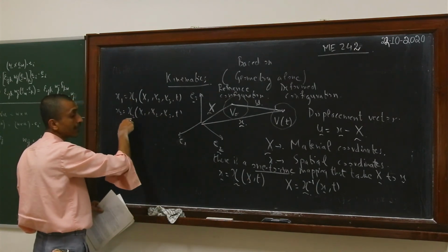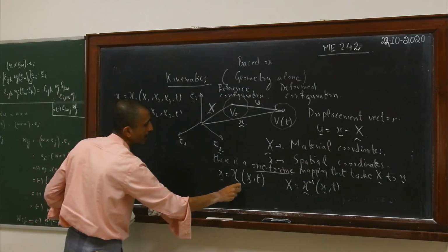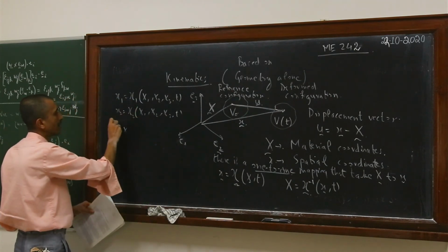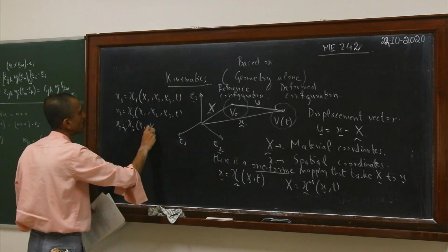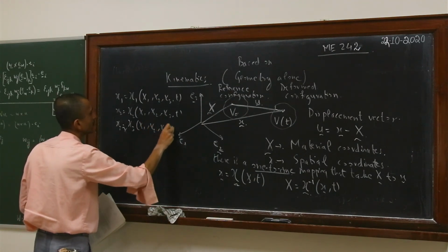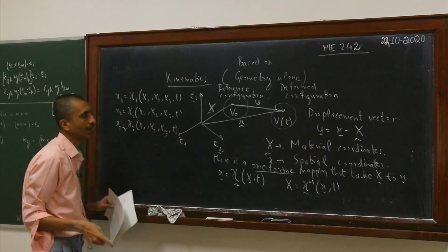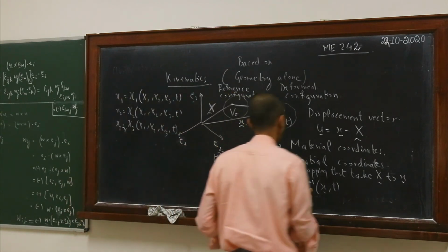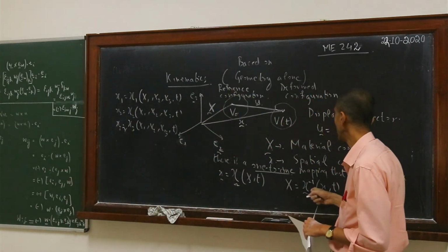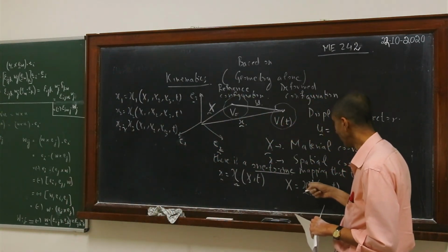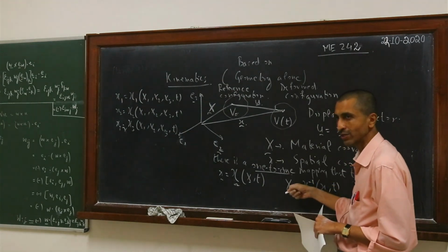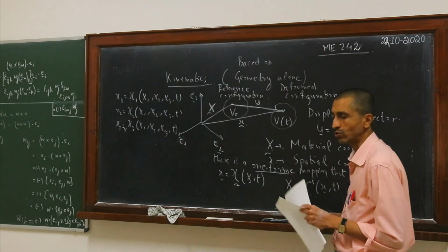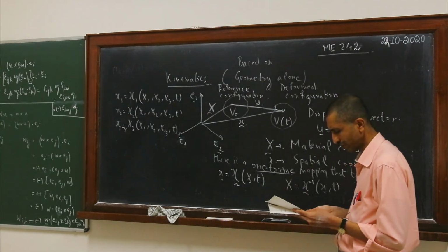So this is a vector mapping. When I put a tilde below that, that means it's a vector. x3 is also pi 3 of X1, X2, X3, comma t. Similarly, the inverse will also be a vector mapping. So it will be pi 1 inverse of x1, x2, x3, comma t, that will give you capital X1, and similarly for X2 and X3.